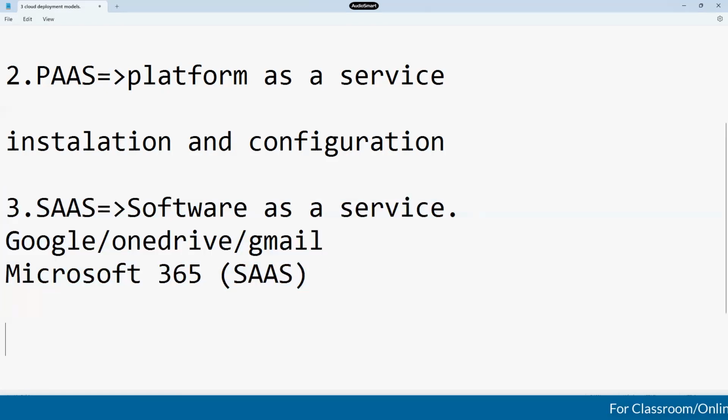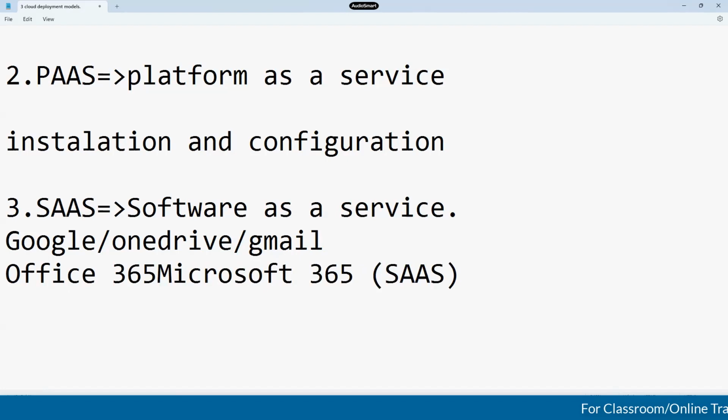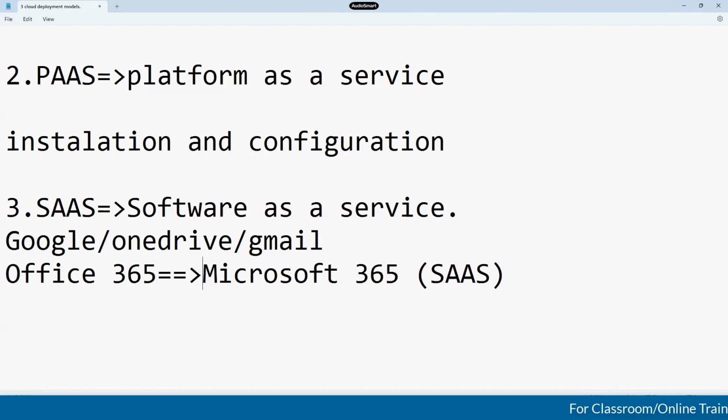Microsoft 365, earlier we used to call it Office 365. Now they have changed the name to Microsoft 365. It supports around 30 plus products, guys.